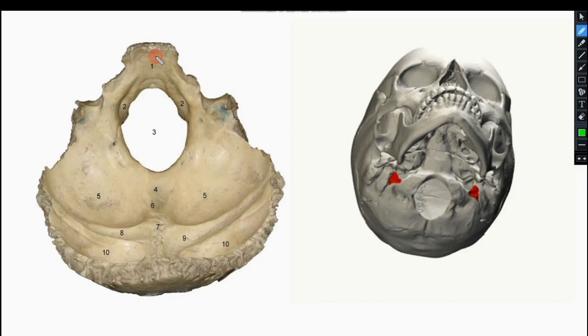First, here we see at this point is the pharyngeal tubercle. The pharyngeal tubercle is much visible here in this image. And this is the basilar part.